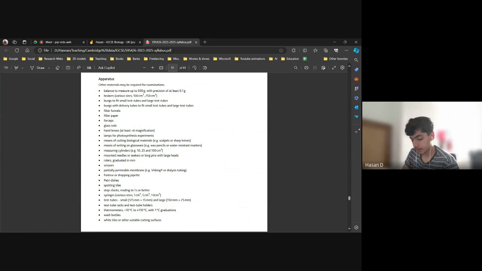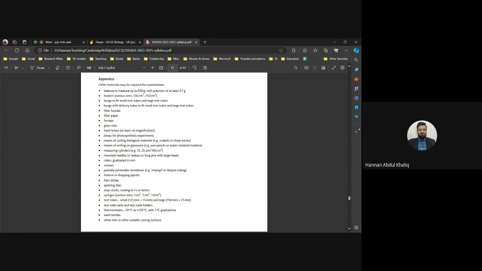Okay, now you are seeing many apparatus here. The important thing is we should know all their names, first thing. And the second thing is we should know how they work. That is the major point of showing you the list.